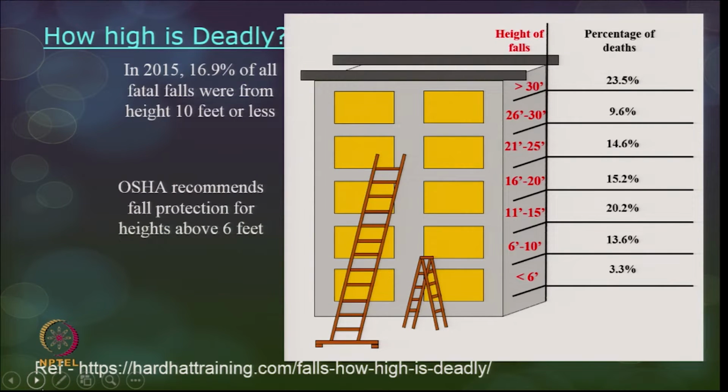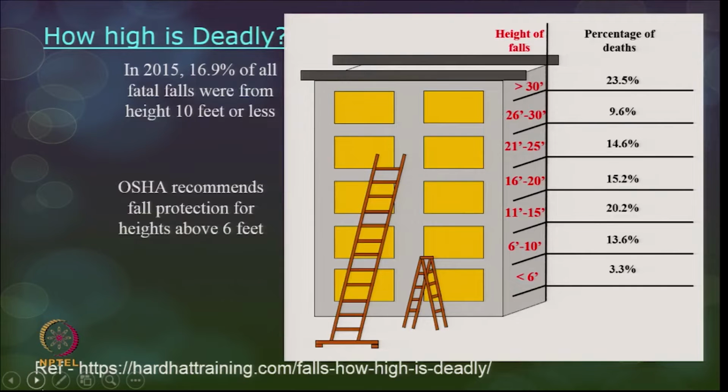Now the next question that can come to you is, what is the height below which I am safe and above which I should take proper precautions? There is also statistics on the fatal falls with regard to the height of the structure from where the worker or a person has fallen down. The height of the structure starts from less than 6 feet to more than 30 feet, and the percentage of fatality as a result of falls is also given here.